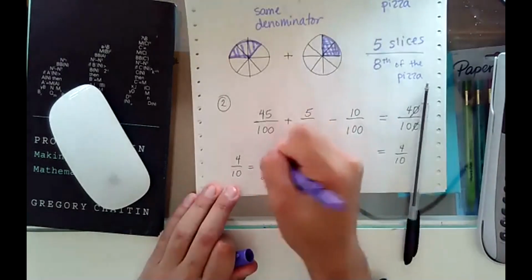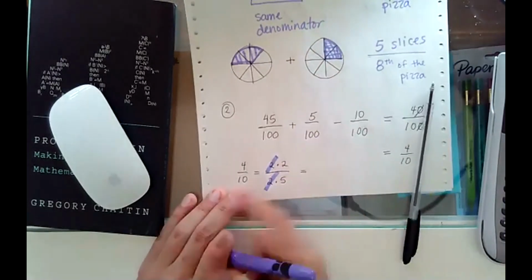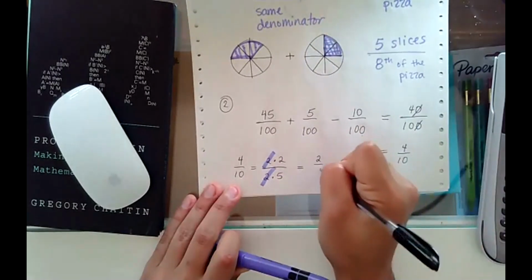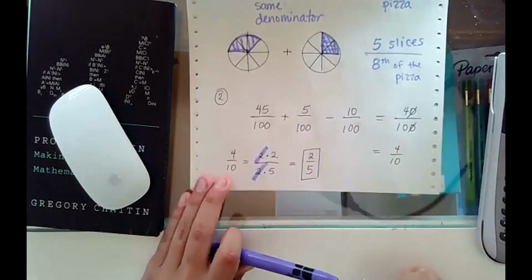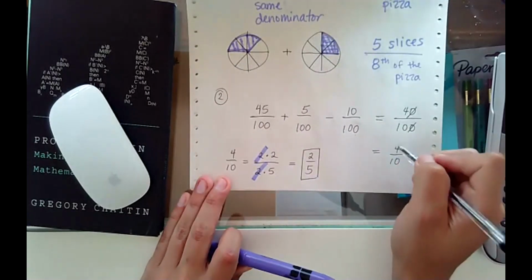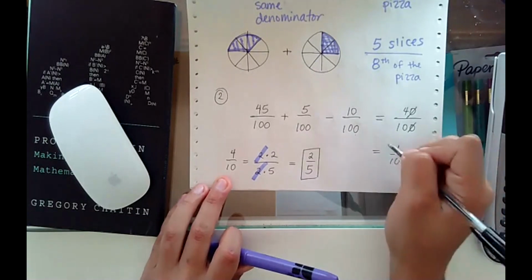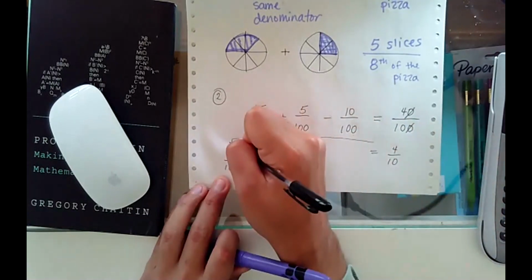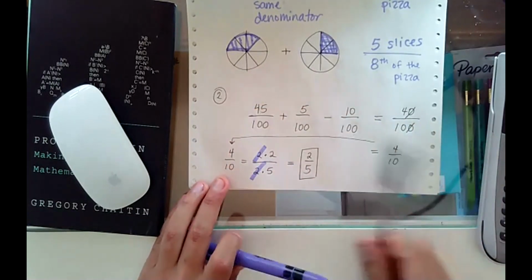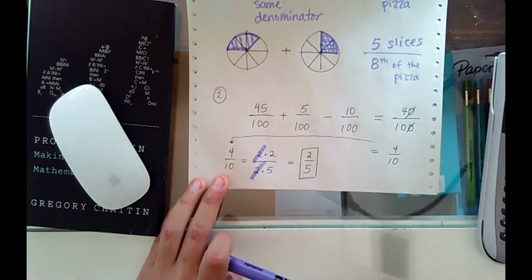And I know that these 2's cancel out. So I just have 2 over 5 left over. I'm just going to draw an arrow here. I hope that makes sense. Does anybody have any questions about that one?